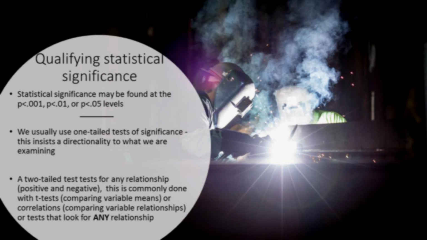A one-tailed test just means we're testing for either a positive relationship or a negative relationship. That's all that it means. The hotter it gets, the less clothes I put on. That's kind of an indirect relationship, right? As the temperature goes up, the less clothes I wear. So I'm looking at one direction there. It's an indirect relationship.